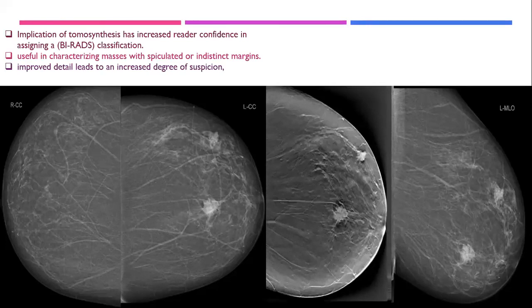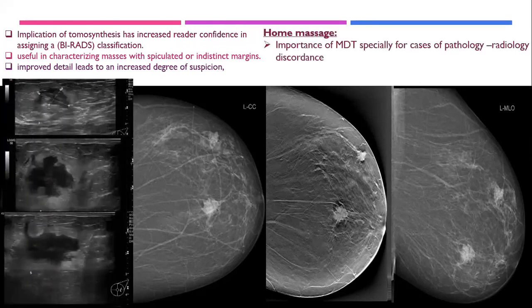This is tomosynthesis now. It gives good characterization and demonstrates the spiculation you suspected on mammography. Now it becomes BI-RADS 5. And this lady was reported by the radiologist as BI-RADS 5 multicentric disease. The ultrasound was also corresponding to mammography.